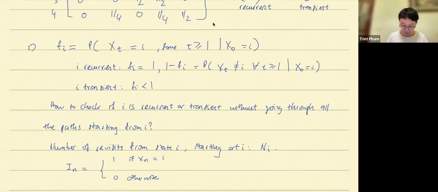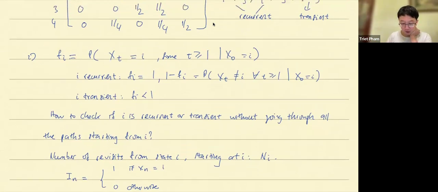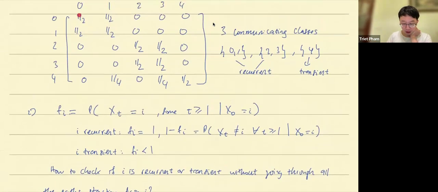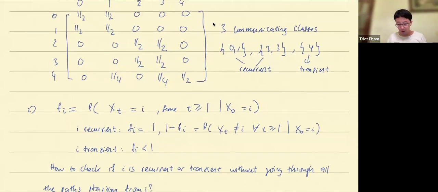Because if you just straightforwardly follow the definition of Fi, you really have to start from a state and check through all possibilities to see if you ever return to that state, which, take my word for it, is not a fun thing to do when you have so many states.